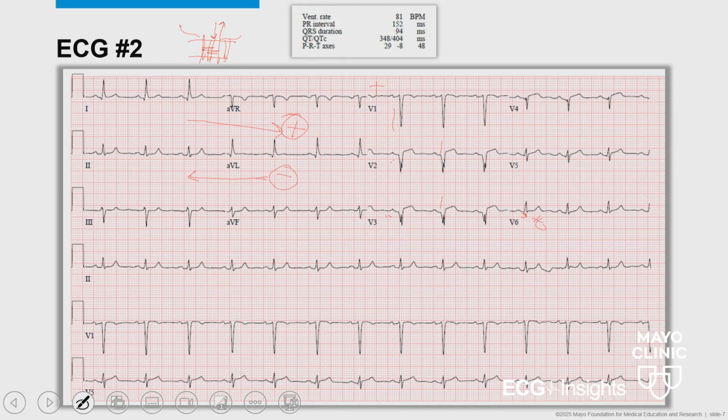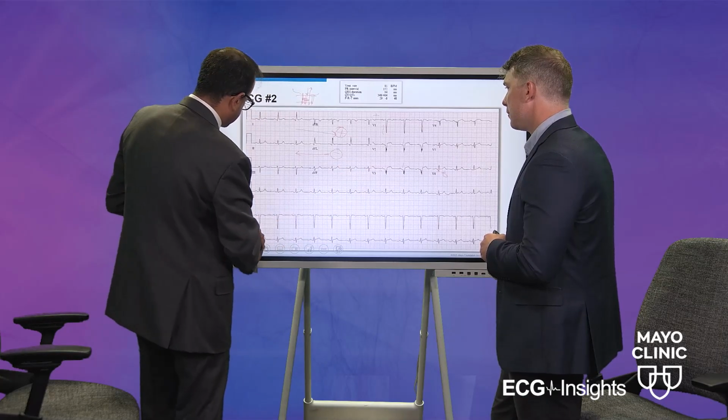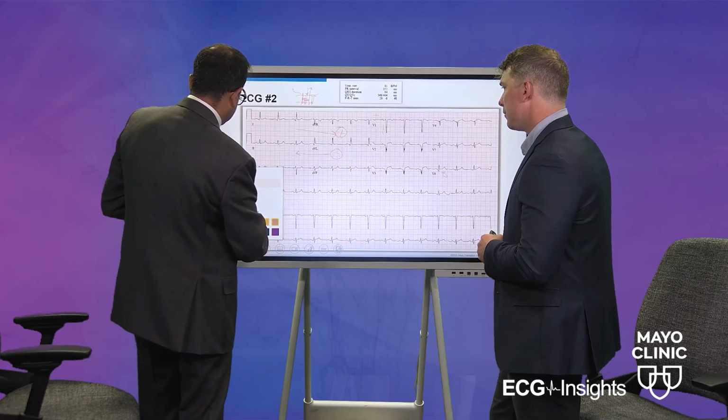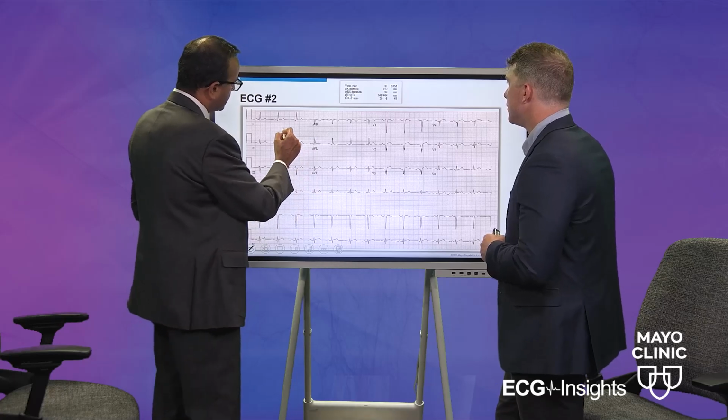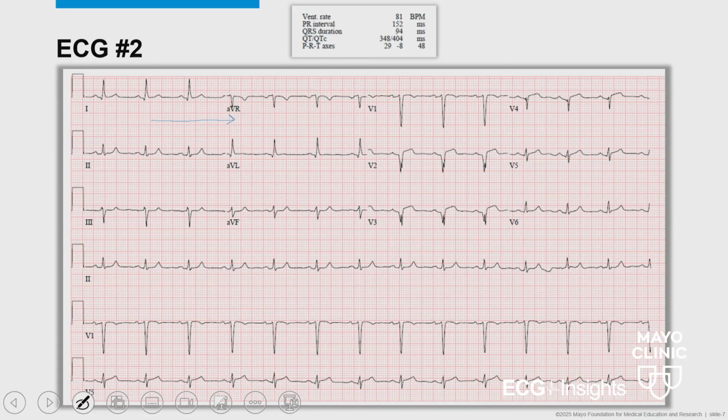Another thing, as you pointed out, was the notching in the QRS. So why is this notching occurring? Again, when an activation is going towards an electrode, you get a nice little R wave.